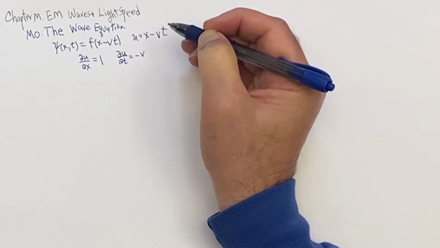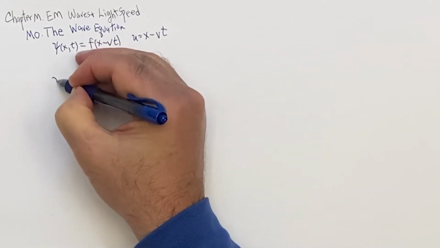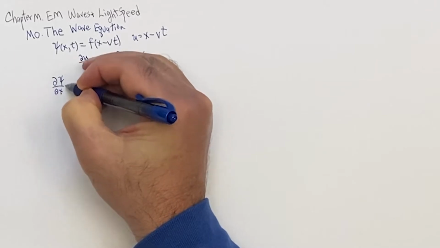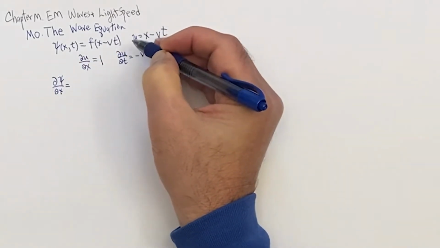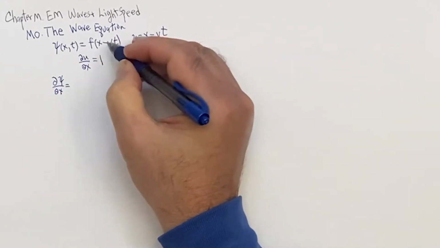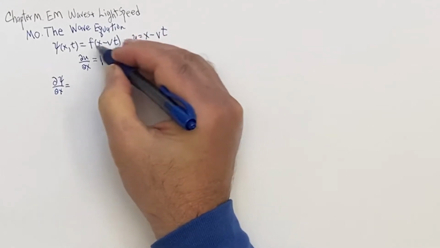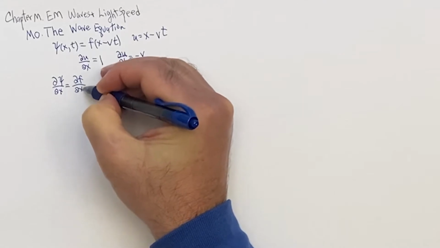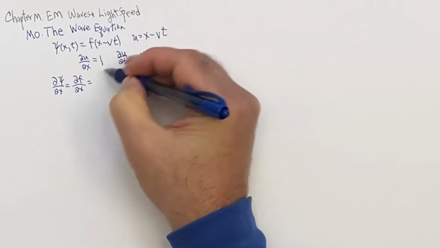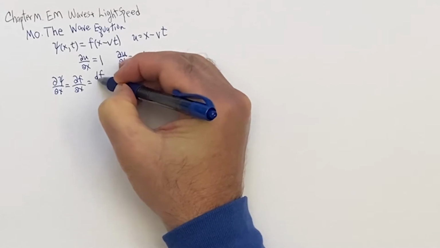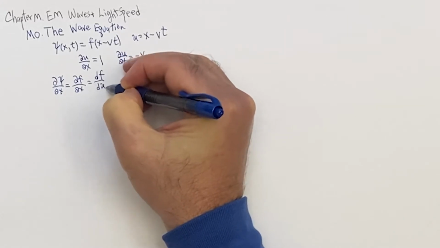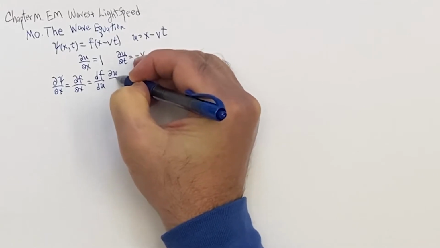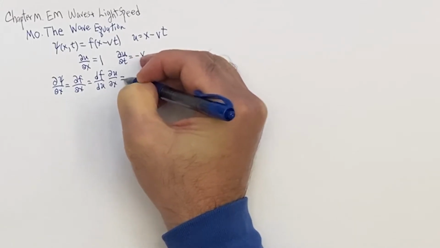So in search of our differential equation, let's take the partial derivative of psi with respect to x. Now, here what we're going to do is look at the f function to help us. And since the f function is a function of u, we'll take the regular derivative of f with respect to u, and then the partial of u with respect to x, using the chain rule.